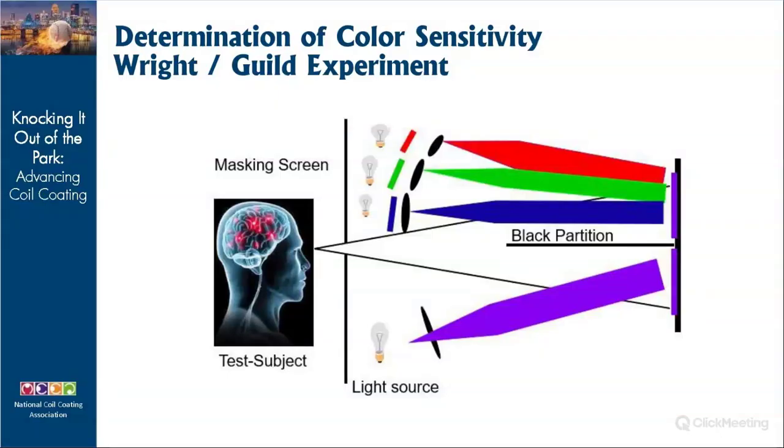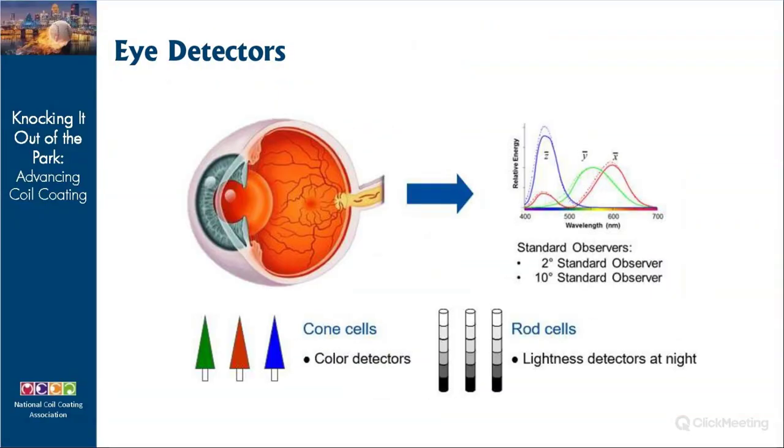And the test subject, the viewer, would look at the combination of red, green, and blue, which is close to white light, but you could vary those, and then you would vary the light source on the other side to match. That gives you these curves here that represent the response of the human eye.